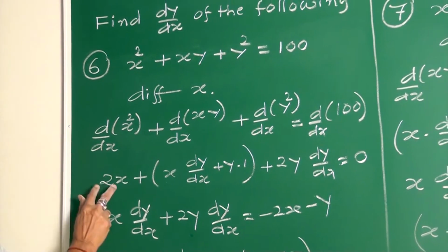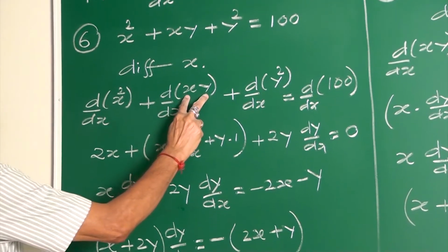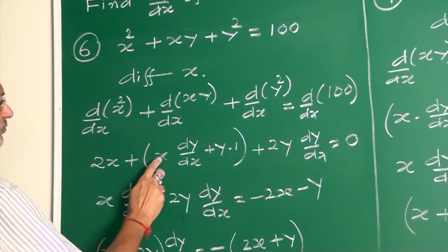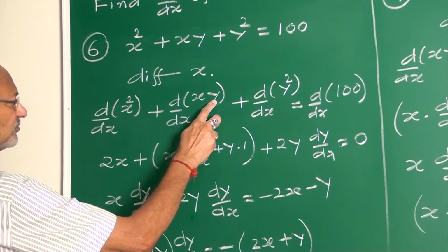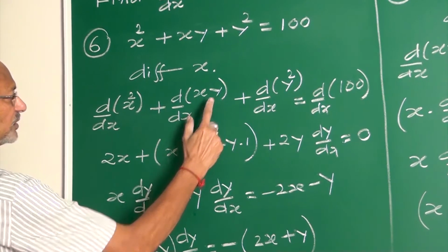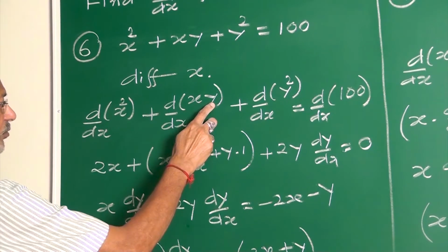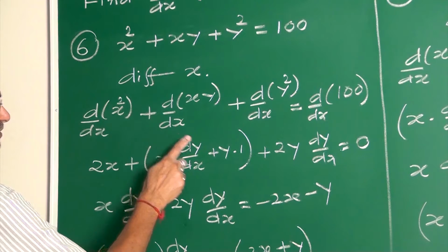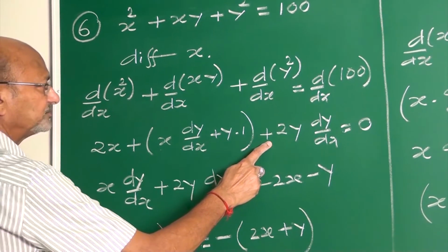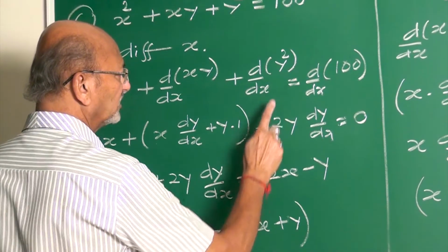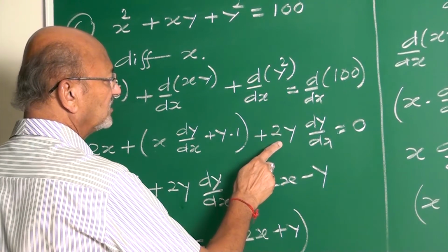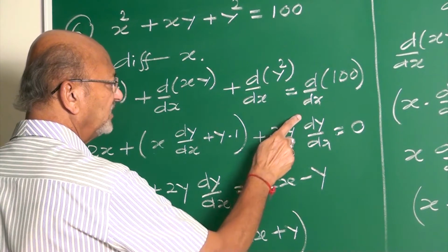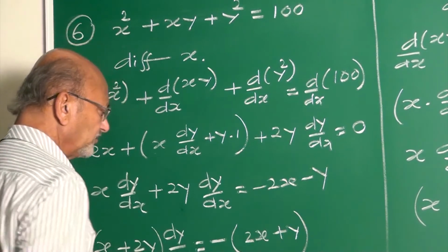X square with respect to x is 2x, plus product formula, xy is a product of two functions: first function into derivative of second function, y, which is dy by dx, plus y into derivative of x with respect to x, which is 1, plus y square, 2y. Other than x means what? First you have to differentiate with respect to y, then y with respect to x, equal to 0.